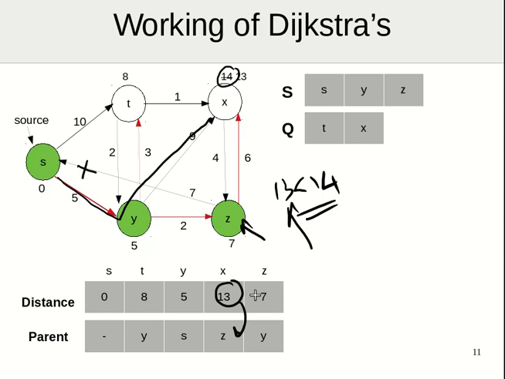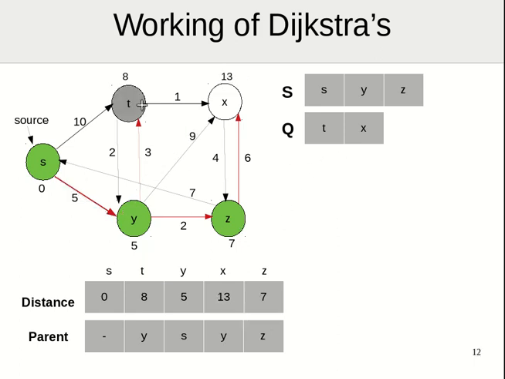That's all. Now again I'll do extract min. Out of the remaining 2, 8 and 13, the minimum is 8. So I'll find all the outgoing links from t. t has a link to y, but y is already visited, so I'll ignore this link.